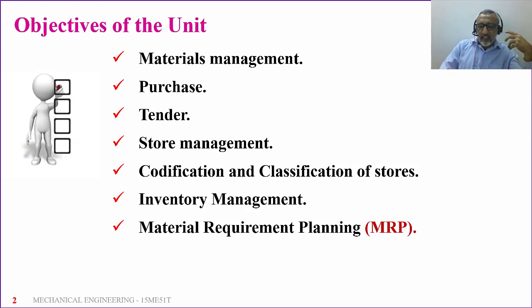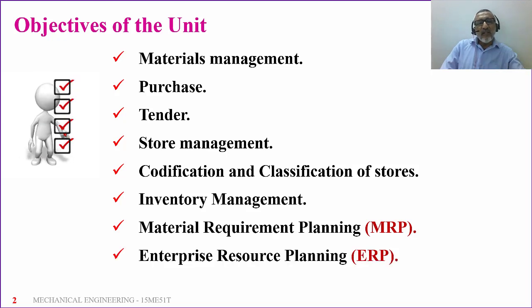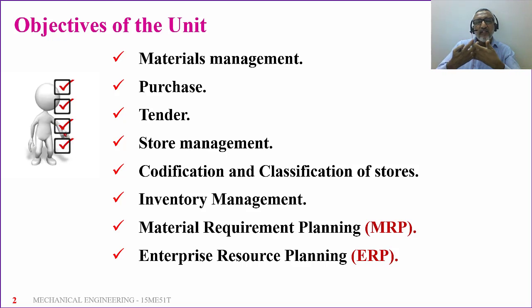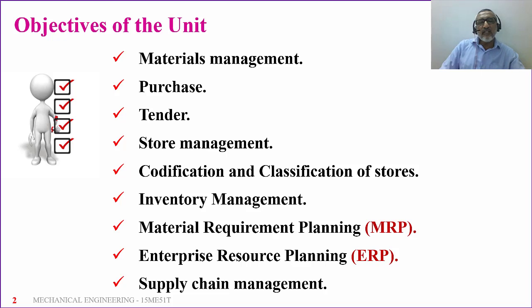When we enhance this material requirement planning to include all other activities, that is known as enterprise resource planning. This is the integration of all activities of the organization into a software package. This ERP controls all aspects of the working of the organization. And we'll also be discussing supply chain management.